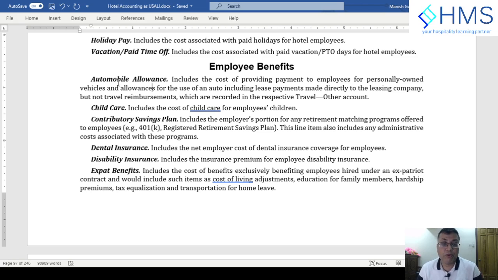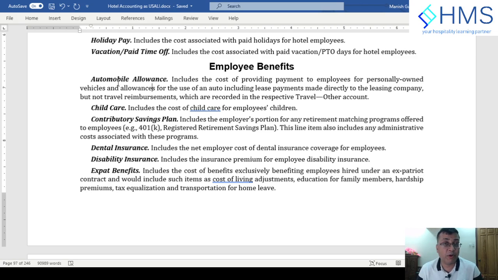Then you usually have child care cost. If the hotel is providing any child care facilities for the employees' kids, the cost will go here. Then you have savings plans, such as contributory savings plans, like retirement savings plans. If these are not mandatory, it usually depends on the company policy.